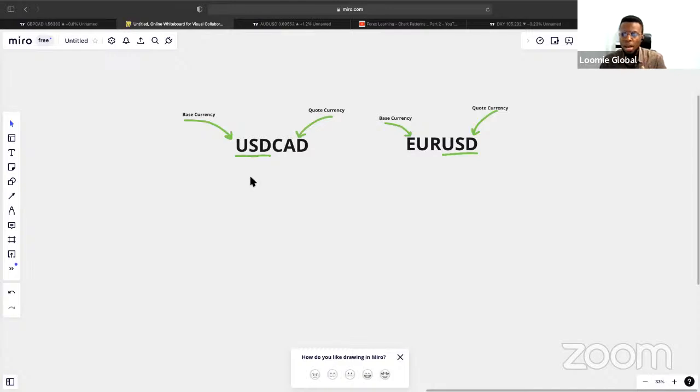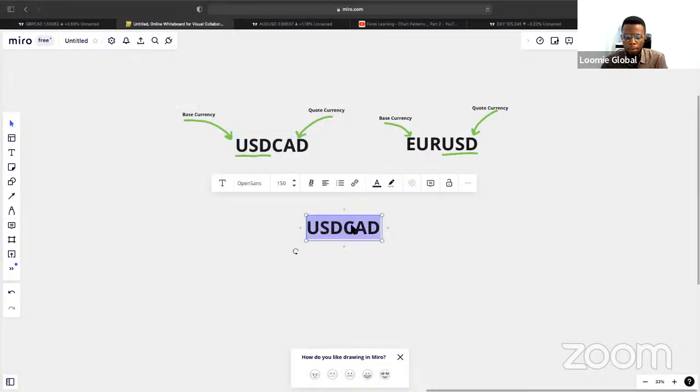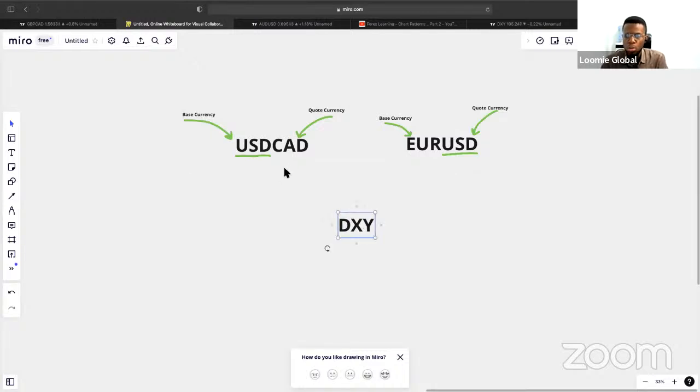So the DXY is directly proportional to currency pairs that have USD as their base currency. I know I said that fast, but I'm going to take it slow and say it again, and then I'll explain. The DXY is directly proportional to currency pairs that have USD as their base currency.